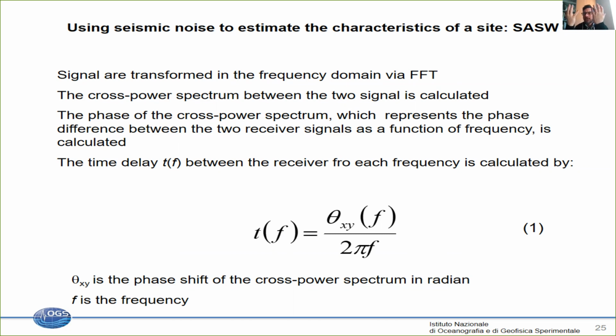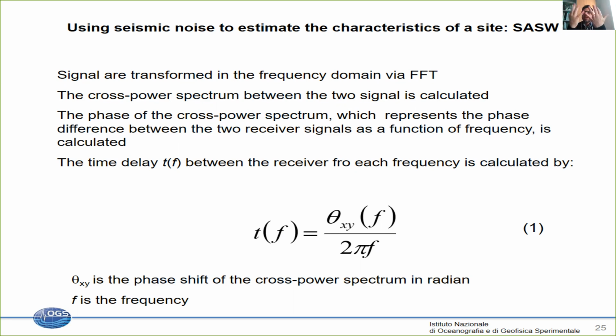So it means I take the Fourier transform of the signal at geophone 1, and I multiply the spectrum by the Fourier spectrum, or rather the conjugate spectrum, of the recording at the other side.